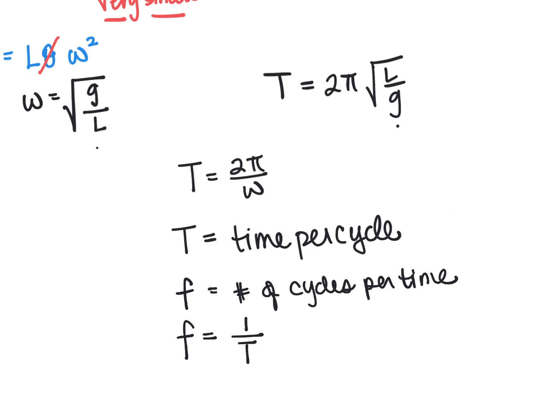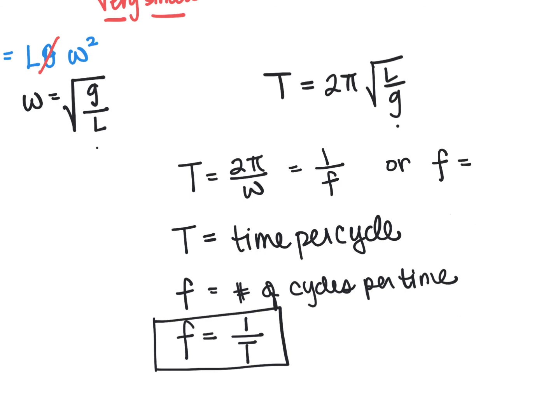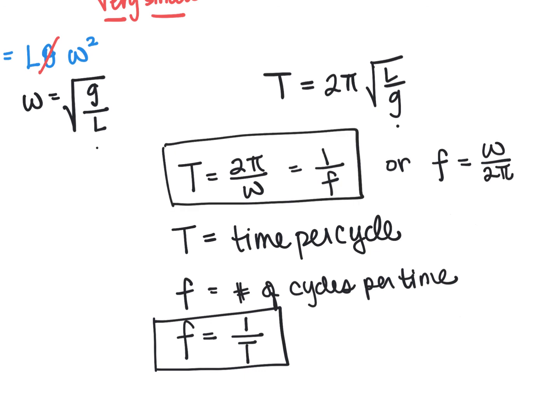Frequency is the reciprocal of the period. So we could write this as 1 over the period, or we can say that frequency is omega over 2 pi. These are just different ways to describe the motion of our pendulum.